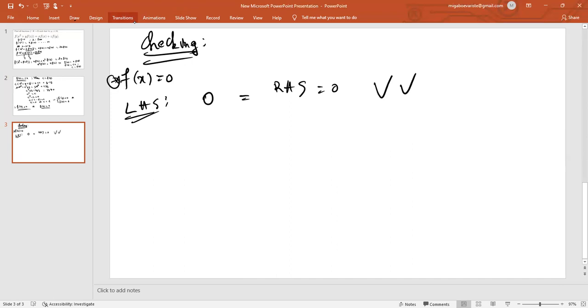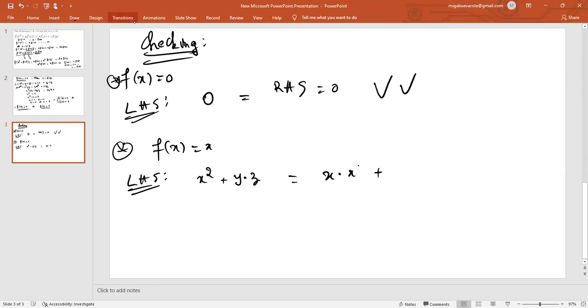Now, for the second function, f of x equals x. On the left-hand side, we have x squared plus y times z, equals x times x plus z times y, which is the same as x squared plus yz on the right-hand side.